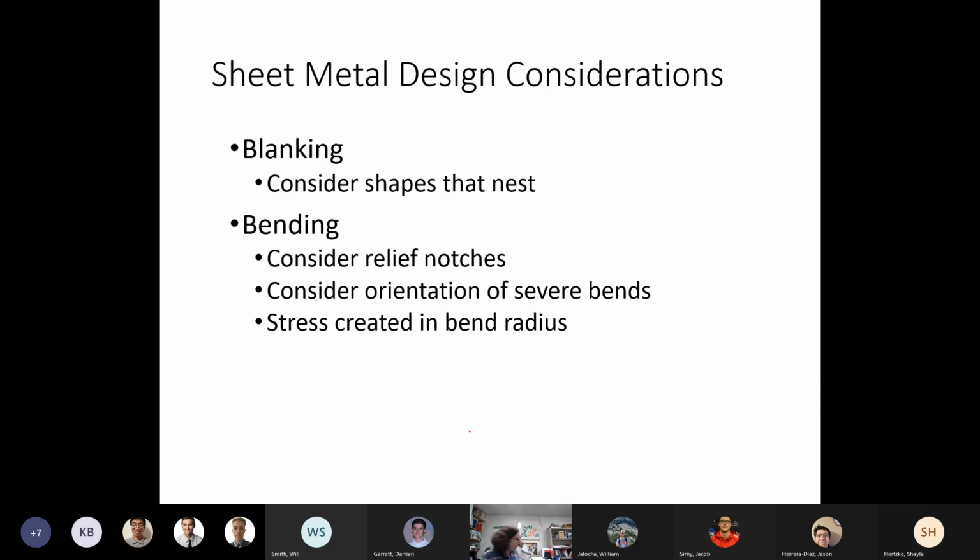Okay, so let's finish with a few sheet metal design considerations. We just want to look at some of the good and the bad here. So we want to look at waste, like how do we have the most efficient process, and that would be in blanking.